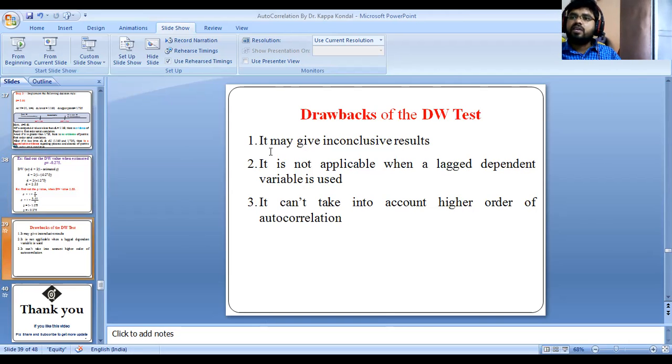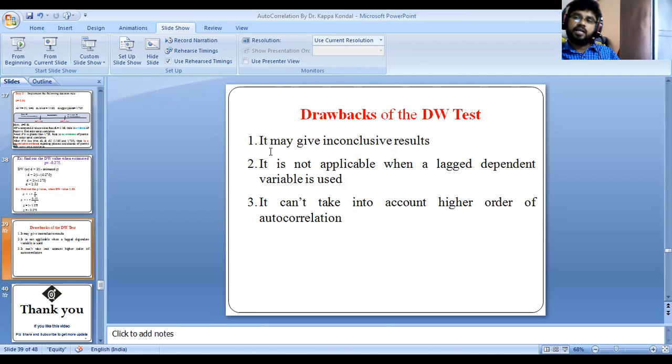The second one is that it is not applicable when the lagged dependent variable is used. As I told you in the restrictive assumptions, when you take the lagged value of the dependent variable, we cannot consider that model. And it cannot take into account higher order autocorrelation. What is higher order? Present error depends on its previous error terms: e_t is equal to rho e_t minus 1 plus rho e_t minus 2 plus rho e_t minus 3.